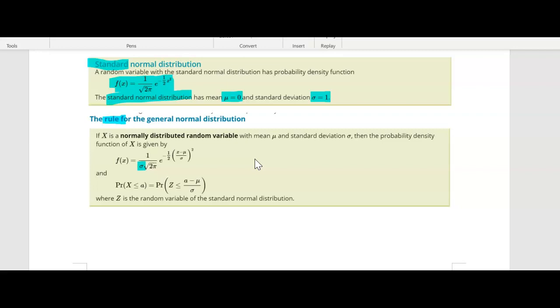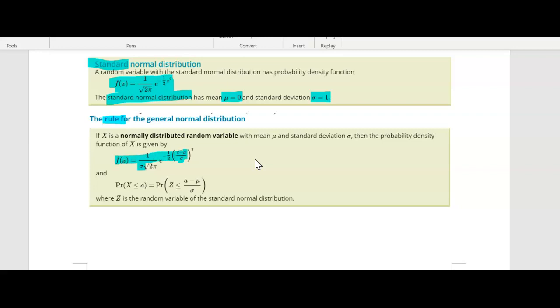And then we've also got up here x minus the mean over your standard deviation. So if you were to have a mean of 0, so that just becomes x minus 0 over 1, which just gives you x squared anyway.